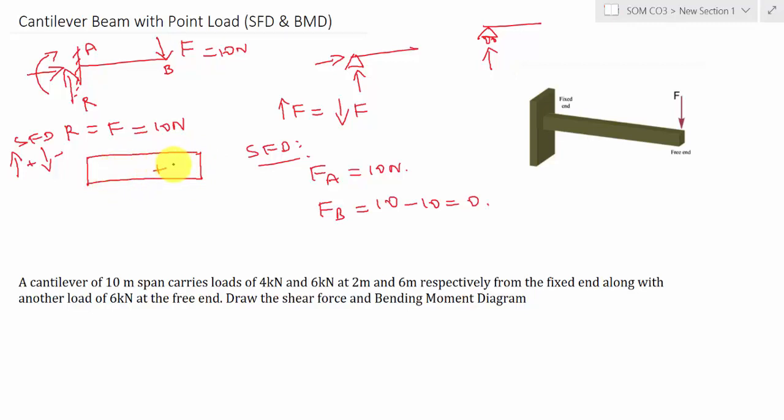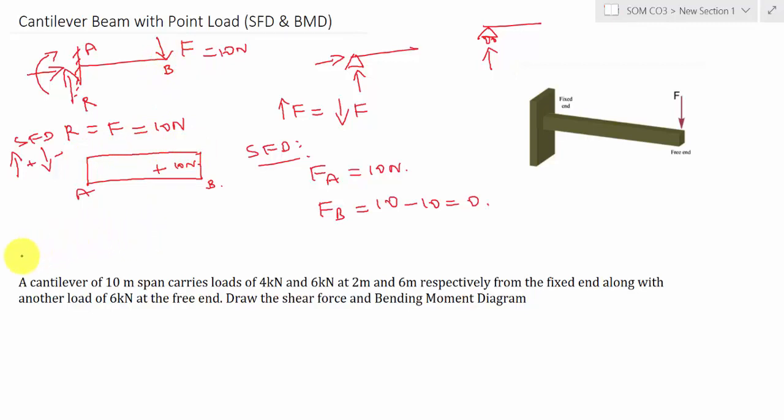So the shear force is plus 10 Newton. This is point A and this is point B. This is all about the shear force. If the beam is subjected to a point load, then the shear force will be a straight line.